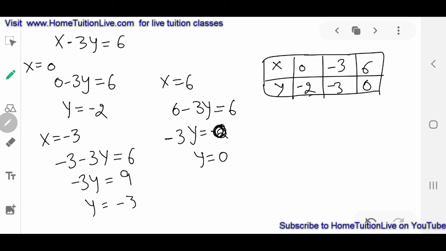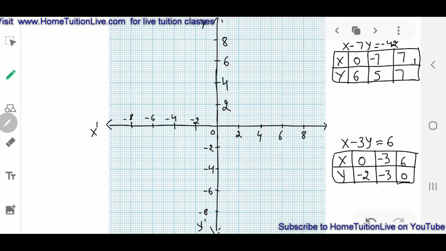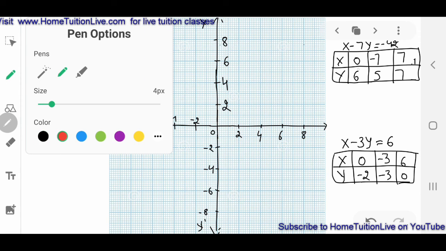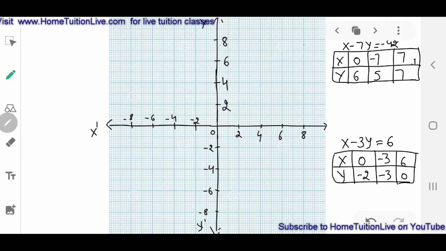Now we will put these values of x and y on the graph. Represent all the points of x and y on the graph, and start with the first. Here x is 0, y is 6. X is 0, this is the origin, and y is 6, this is the point. Here it is, the point 0, 6. Now next is x is minus 7, y is 5.